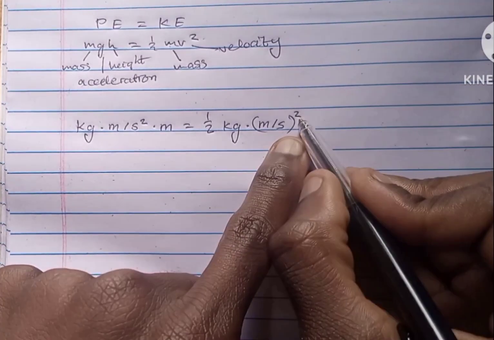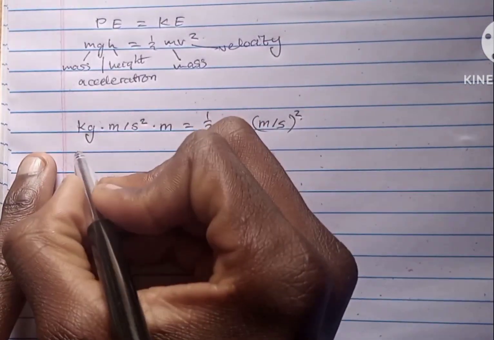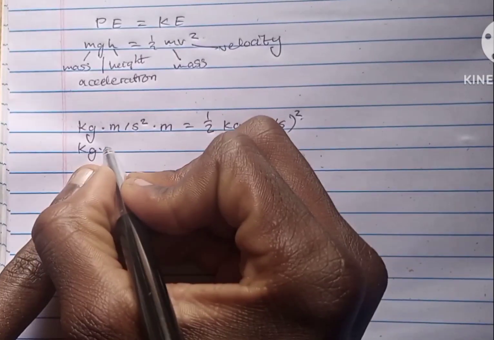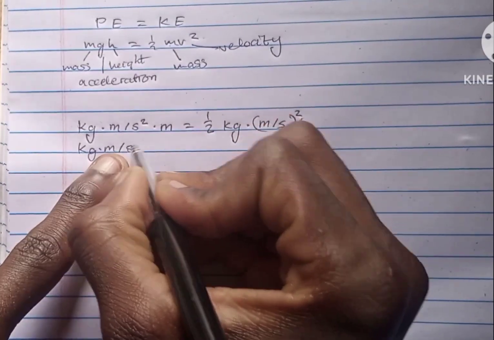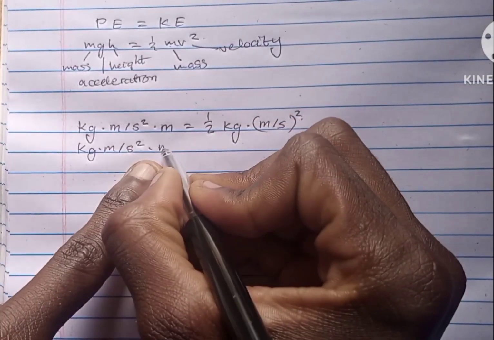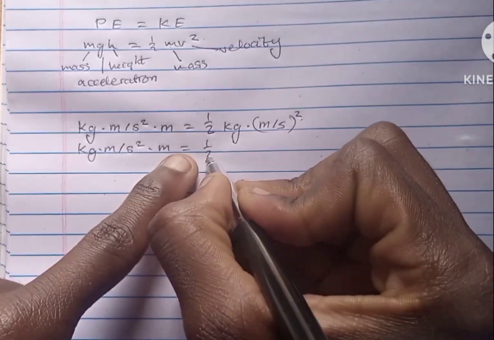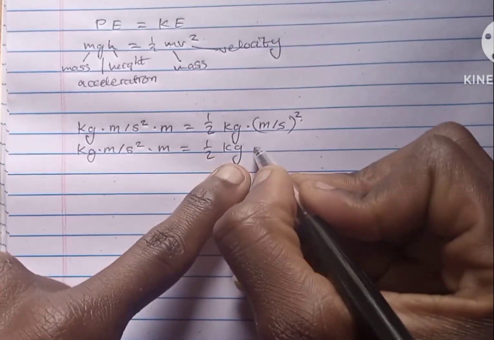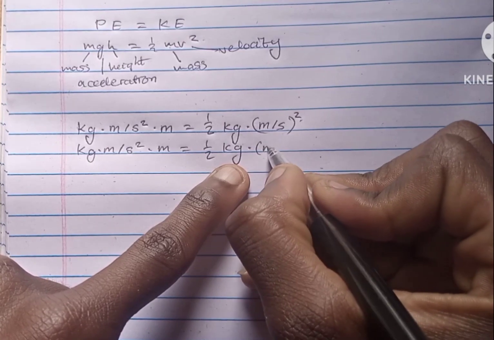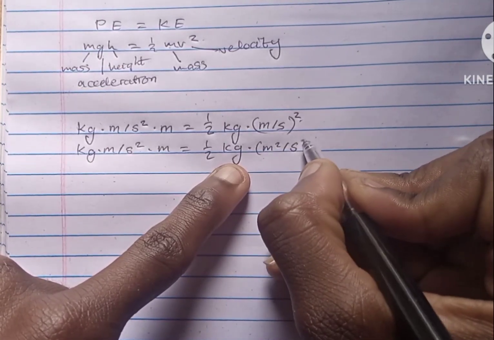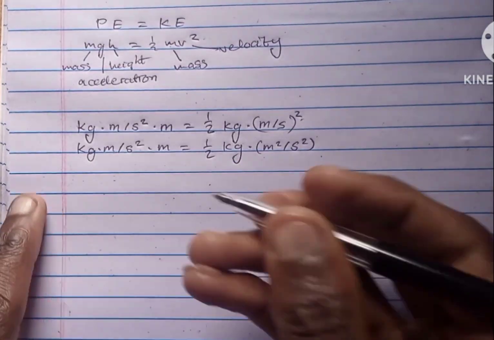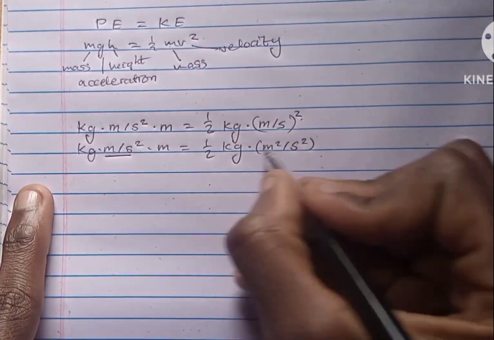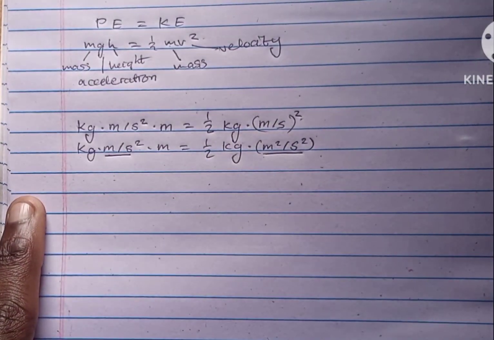Now I'm going to distribute the 2. So we have kg multiplied with m per second squared multiplied with m is equal to half kg multiplied with m squared per s squared. Now I'm going to write this part in the form of a fraction.